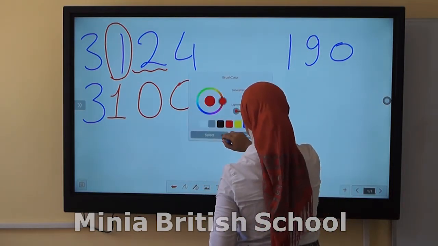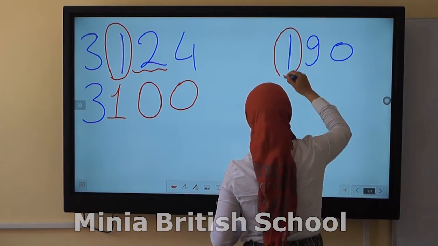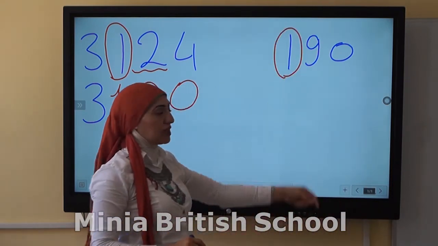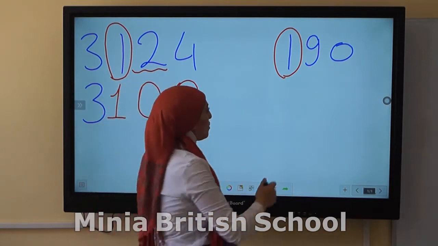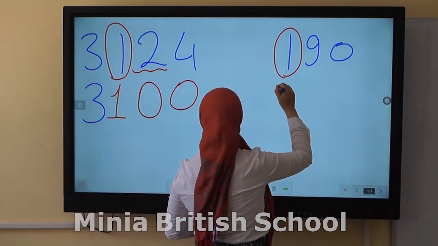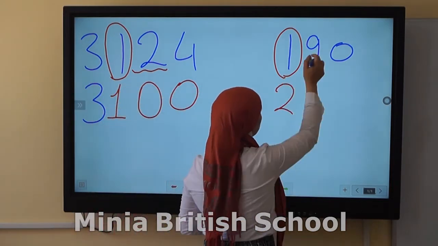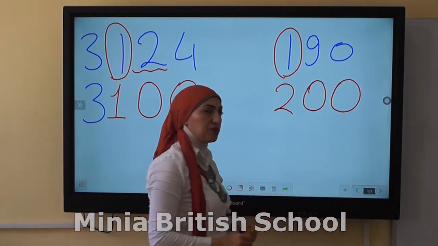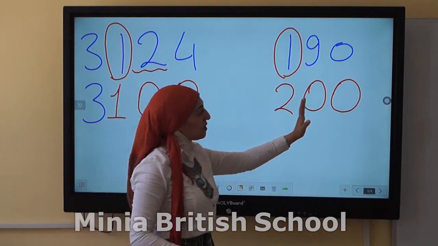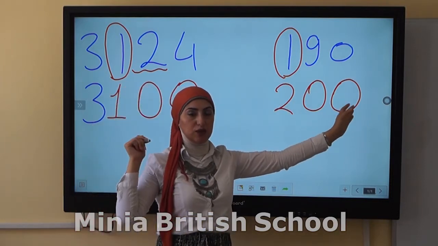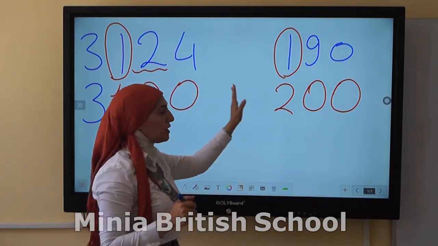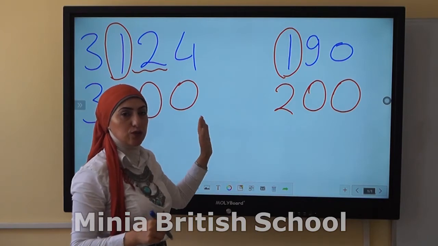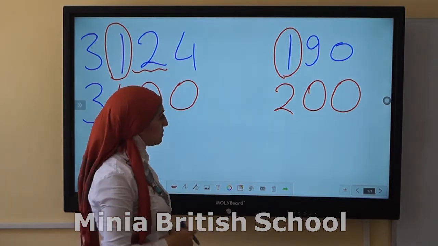Here also, here is the hundred, and the next number is strong, so you can push it up by 1, so it will be 2, and this will turn also to be 0. So, any number on the right, as we said, will be 0, and any digit on the left will be as it is, okay?